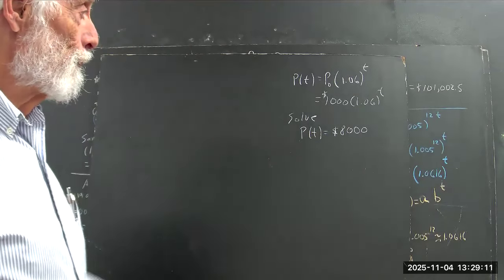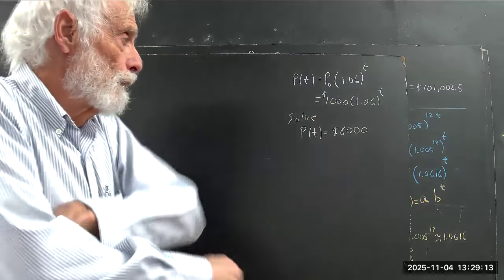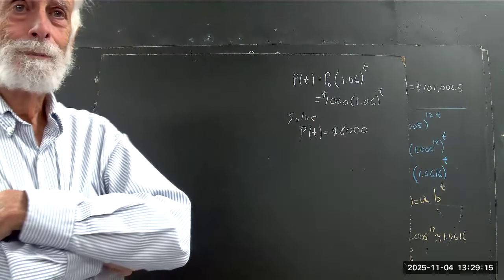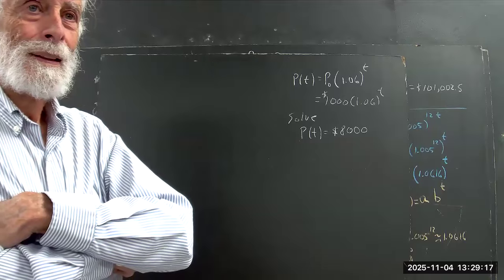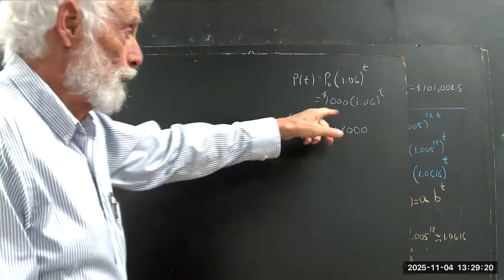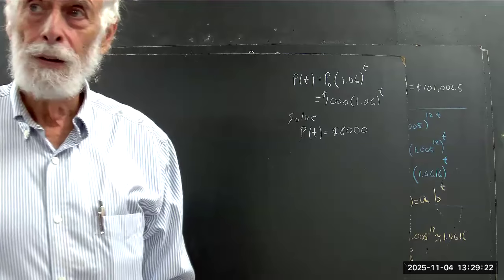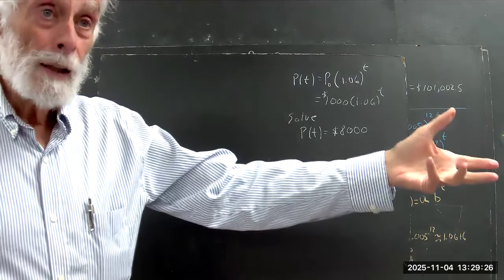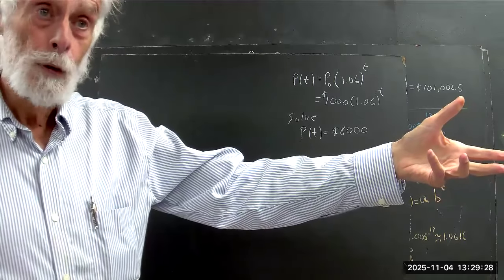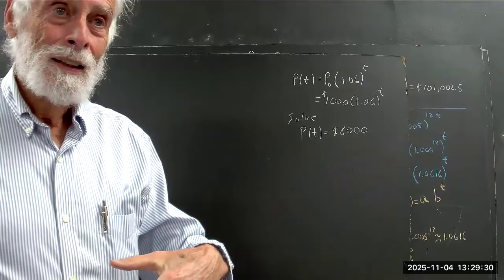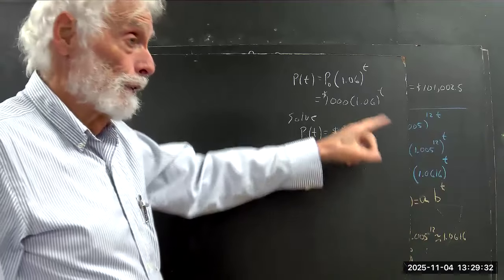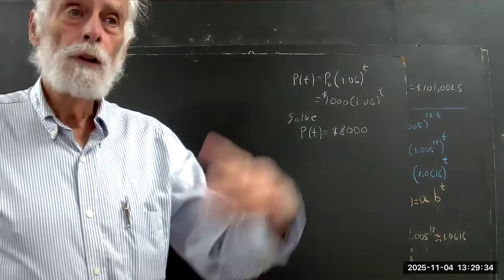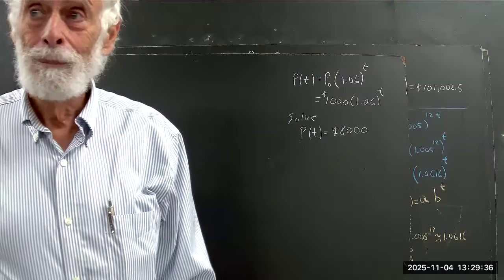I can tell you that this will double in about 12 years. So if you start with $1,000, you're going to have $2,000 in about 12 years. And you're going to double that in another 12 years. You'll have $4,000. And when you double that, you'll have $8,000. And that'll be after 3 12-year periods.